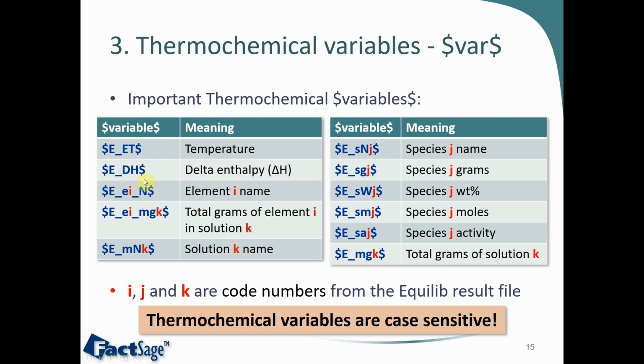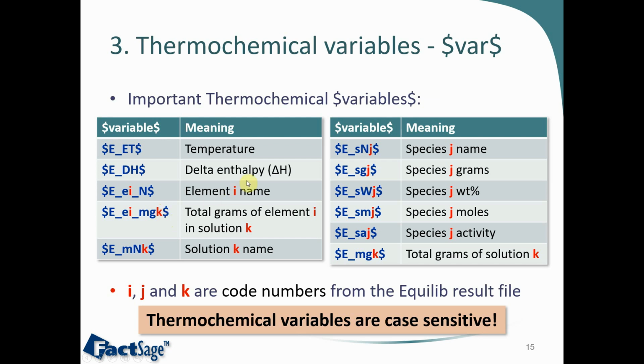So this thermochemical variable will give you the name of the element with code number I. Then we can change uppercase N to lowercase m to designate a mixture, and lowercase j to designate the mass, to get the mass of the element I inside a mixture. And here we specify the mixture with the code number K for the mixture.